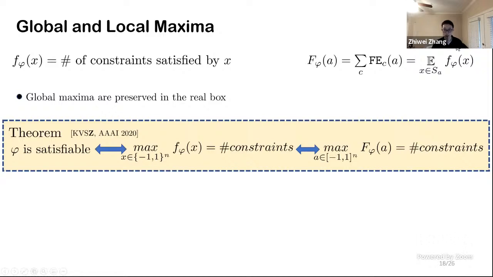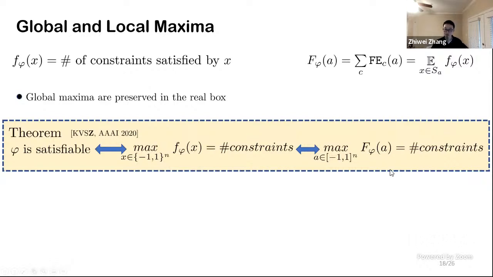This is easy to see, and what we have proven is that this theorem also holds in the continuous space. So here I need to replace the discrete objective value with our fitness function, which is real valued. And now the maximum operator is applied on all the possible real vectors in the box constraint.